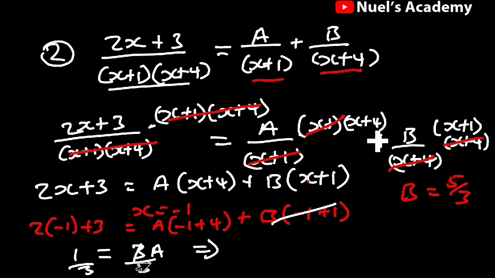This and this will cancel, and this implies that a is equal to 1 over 3. So let me just write it here. a is equal to 1 over 3.